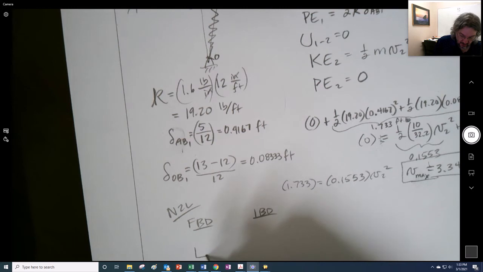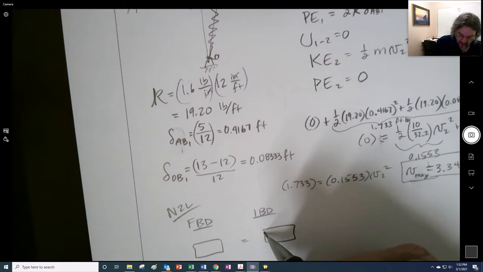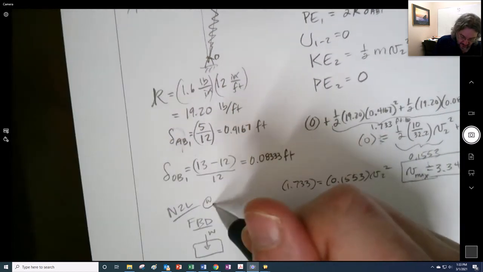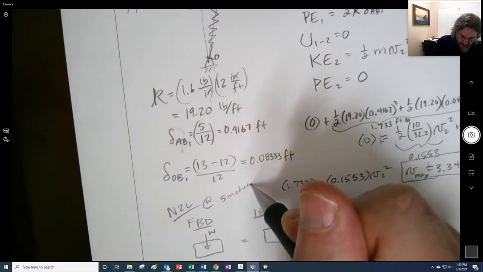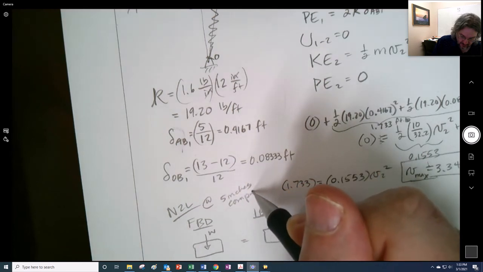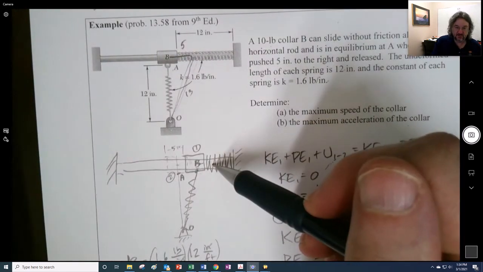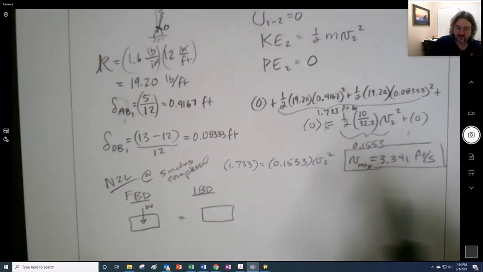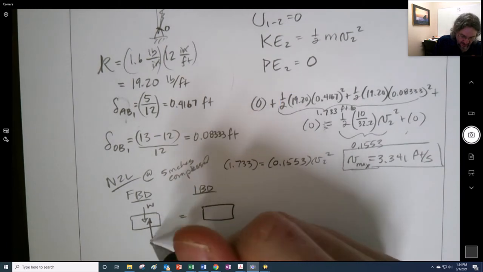Well, we have a couple that we might want to put onto both. Yeah, I think we have a weight of this taking place at 5 inches compressed. And that's something I also didn't point out, that this was a compressed spring and this was a stretched spring, but it didn't matter as far as the energy concern. So here's our force. We're also going to have, maybe I'll put over here, Fn.